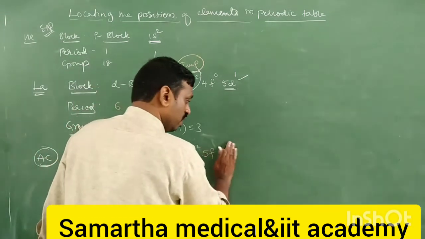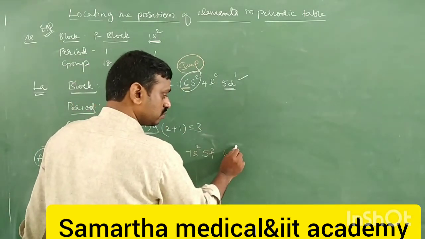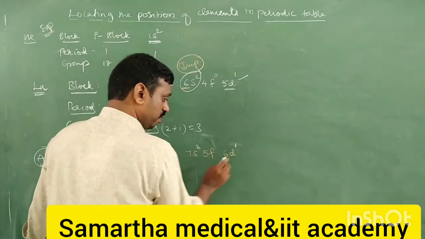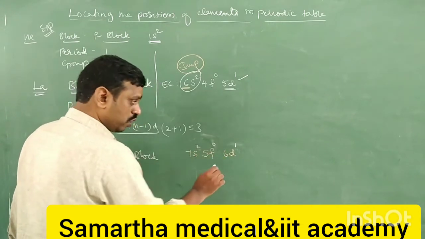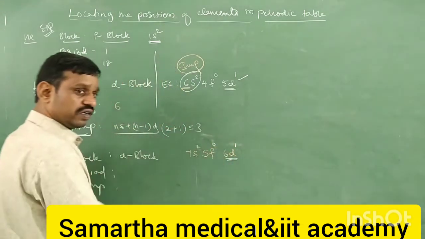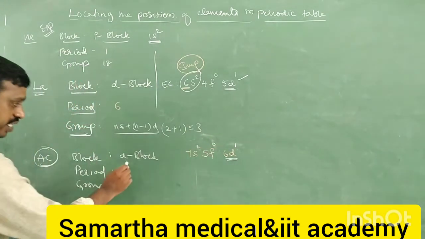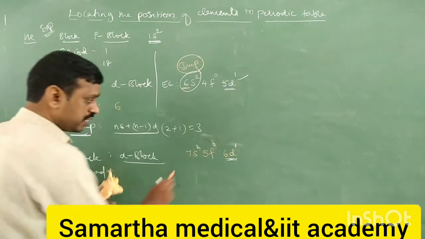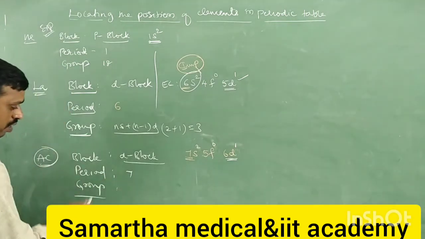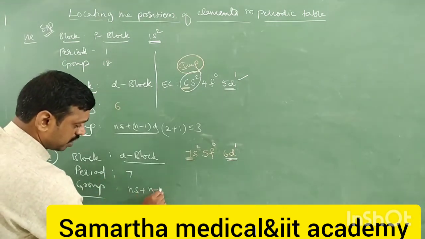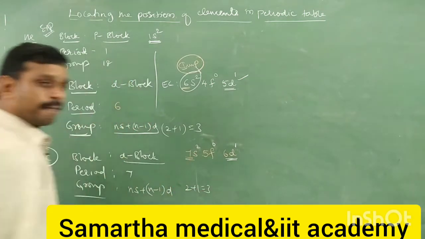Instead, after filling 7s, the electron directly enters 6d, that is 1 here, skipping the 5f orbital. Then 5f becomes 0. That is why actinium belongs to the d block, where the differentiating electron enters the 6d orbital. Then the period number: the maximum principal quantum number is 7, therefore it is the 7th period. For group number, ns plus (n minus 1)d electrons for d block, therefore 2 plus 1 equals 3.